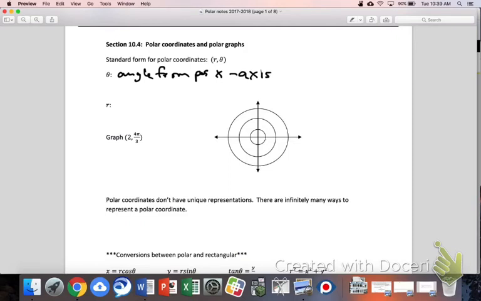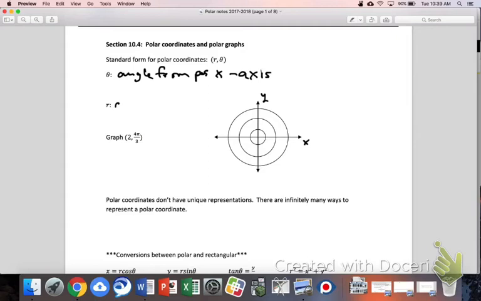They think polar and rectangular can't function together, but they can. As a matter of fact, on my little picture here, this is the x-axis and this is the y-axis. It's not like the r-axis and the theta axis. That's not what it is. It's still the x and the y-axis. We're just going to use theta, an angle, to get pointed in the right direction.